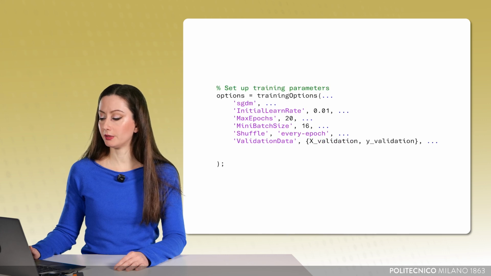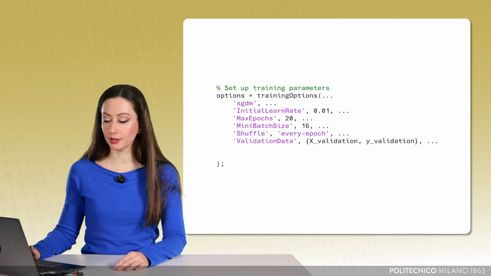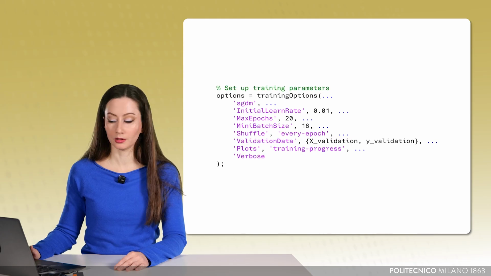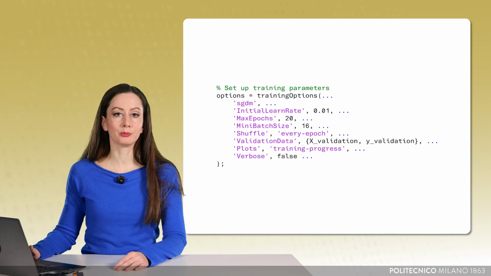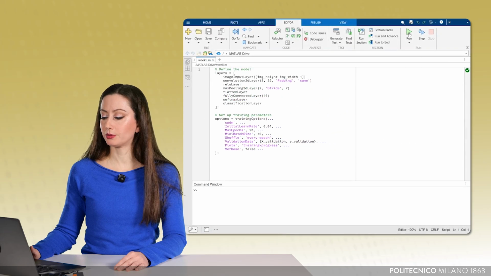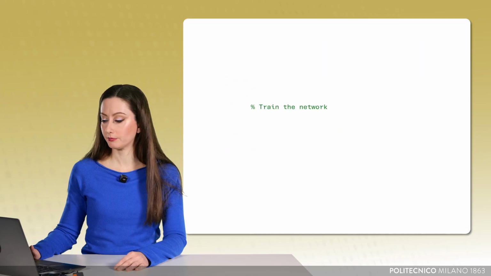The sixth argument is used to provide validation data, and the 7th enables a live visualization of the loss function during training. And finally, the verbose argument is set to false to limit the amount of printed text. So we are ready to start the training process.